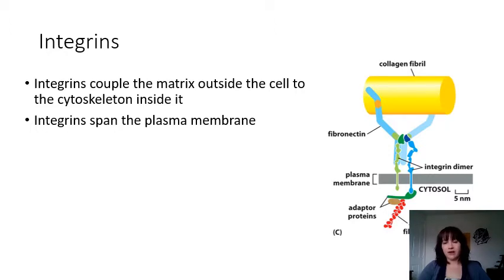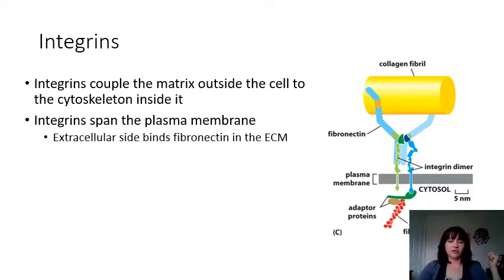And on one side, they're interacting with the cytoskeleton, the structural component of the cell. And then on the other side, they're interacting via fibronectin with the extracellular matrix protein collagen. Now, if these integrins were not spanning the plasma membrane, this connection would not be as strong.